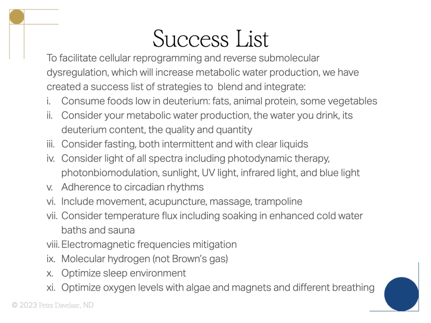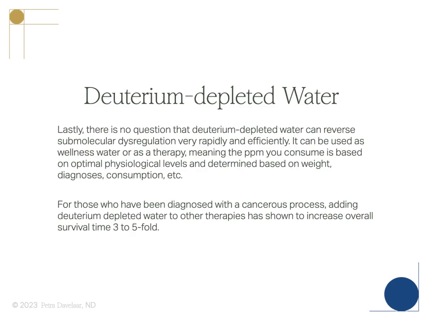Consider temperature flux, including soaking in enhanced cold water baths and sauna, electromagnetic frequencies mitigation. Optimize your sleep environment. Enhance your oxygen environment with algae and magnets, and try different breathing techniques. Realize that oxygen is one of the 2 rate-limiting factors of metabolic water production besides protons. Add deuterium scavenging botanicals if needed.